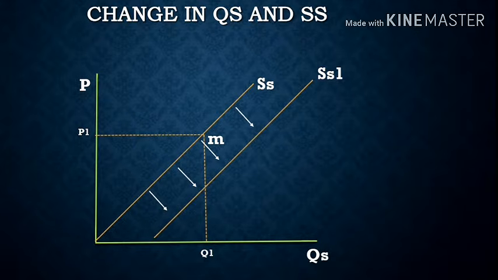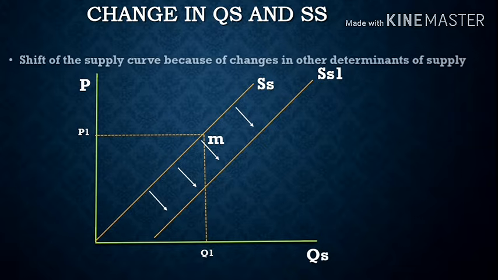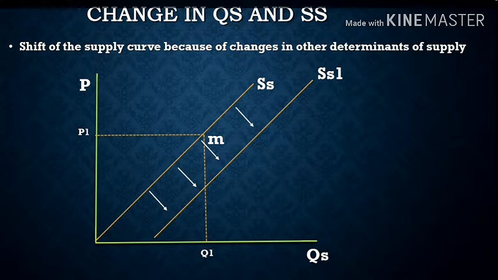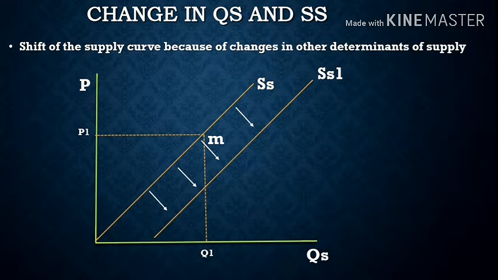Now let's say supply has increased, supply ጨመረ. You see supply ወደ SS1 ጨመረ, በምን ምክንያት? It is because of other determinants of supply. Okay, this is a shift of the supply curve because of the change in other determinants of supply. Other determinants እነማን ናቸው ካላችሁ, ከዚህ ስላይድ ቀጥሎ እናያለን; ይሄን ኮንሴፕት ጨርሰን እነዚህን other የሚባሉትን በዝርዝር እናያቸዋለን.